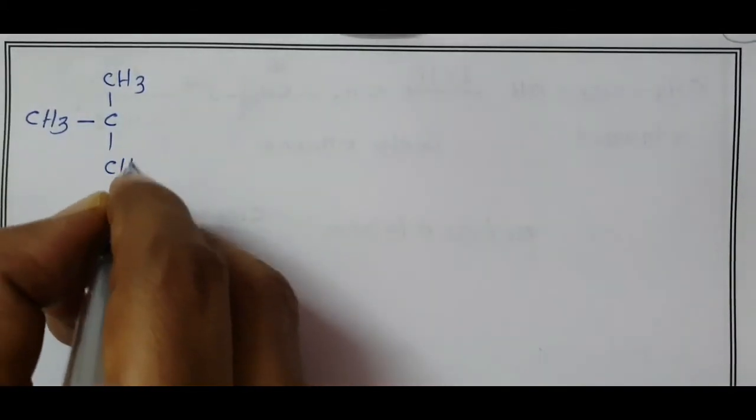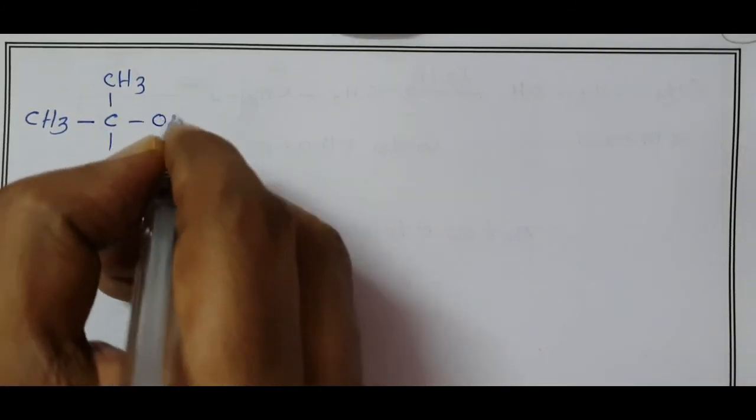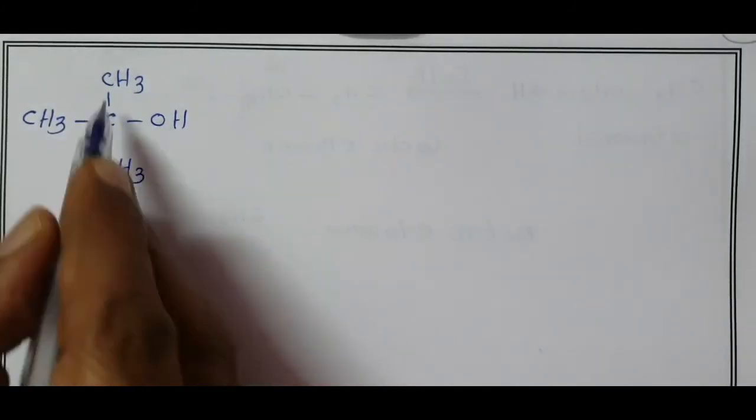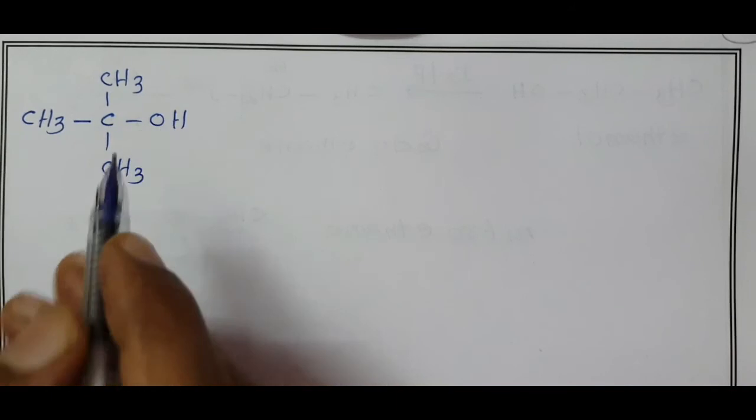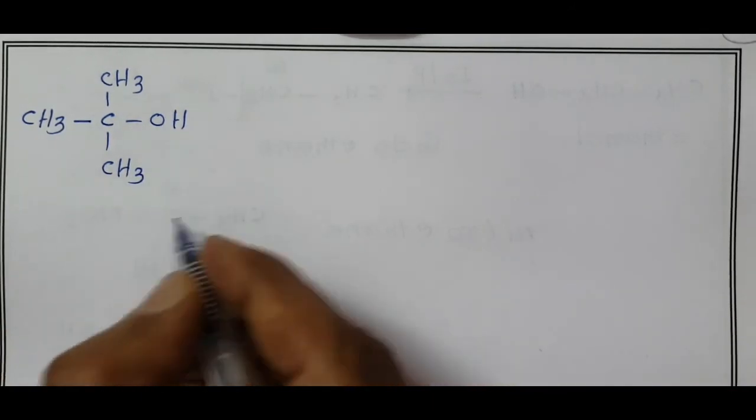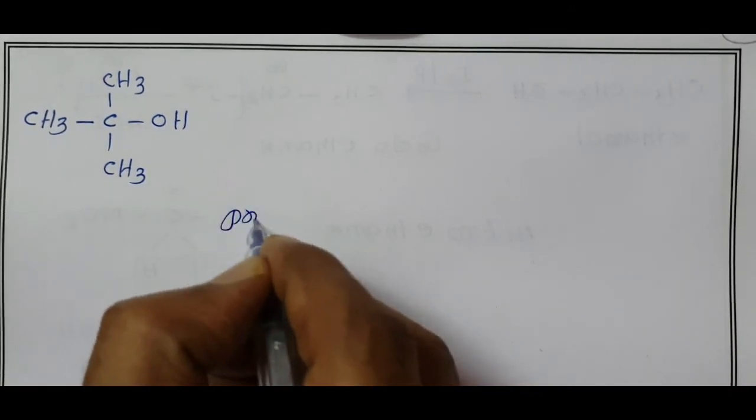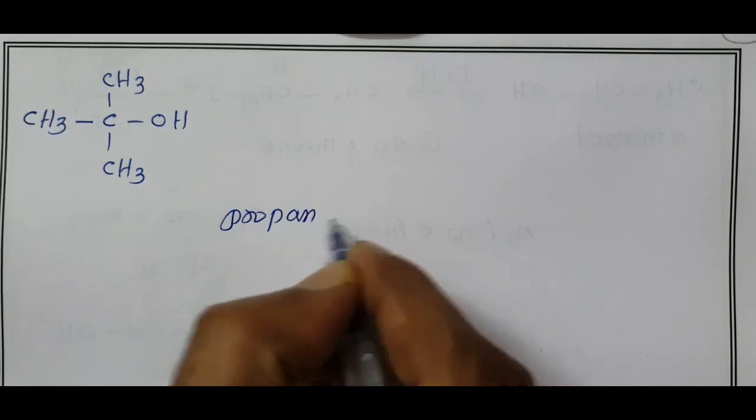Now come to tertiary alcohol, an easy reaction. Tertiary butyl alcohol, CH3, CH3 OH. What is the IUPAC name? When we give numbering from top to bottom, second carbon 1 methyl, second carbon 1 OH. Three carbons, propane, OH, position of OH is 2.